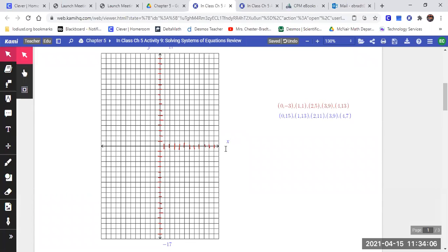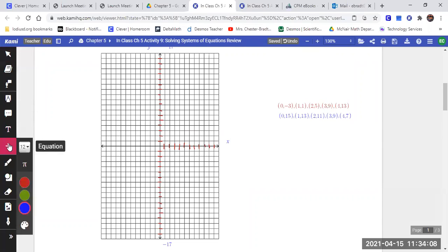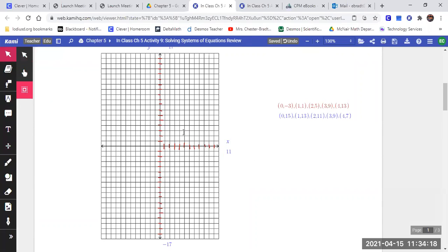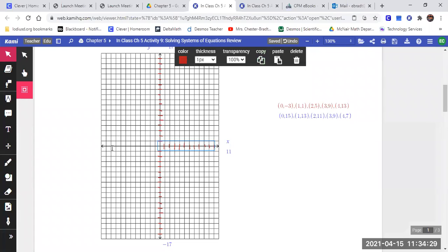Now, we look. Our smallest x was how much? 0.